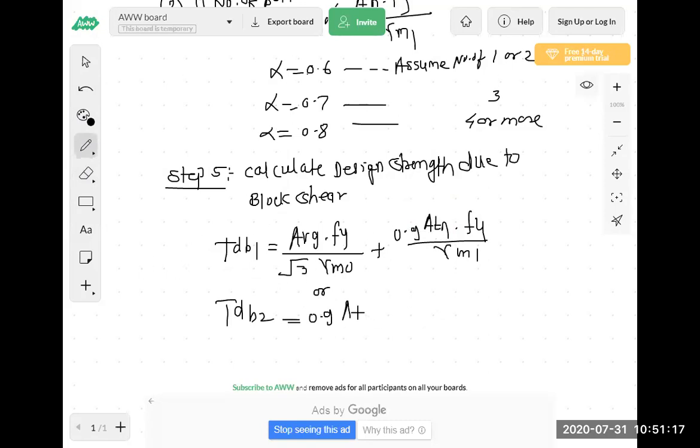So again here, AVN divided by under root of 3 gamma M1 plus ATG Fy divided by gamma M0.